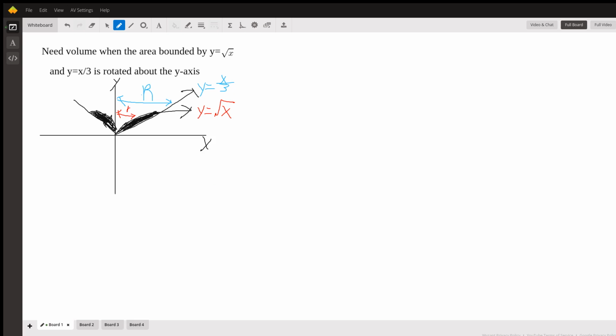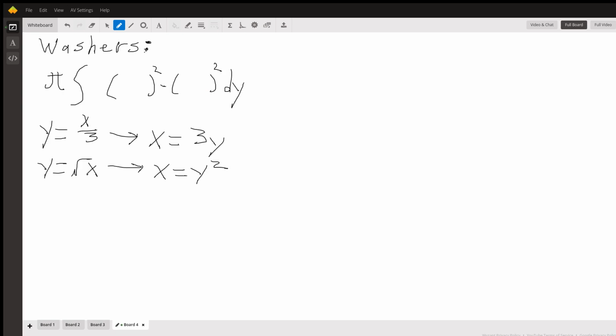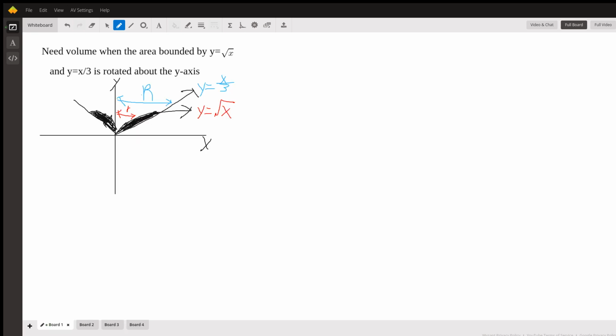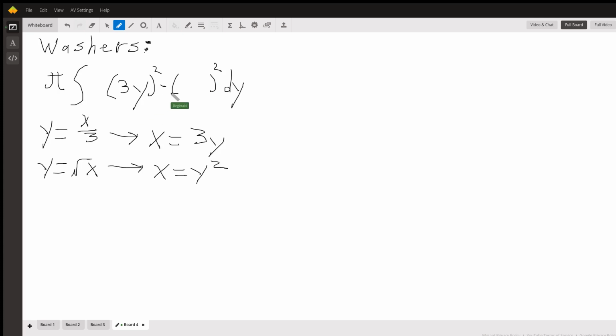Capital R, that's y equals x over 3, so that's the same as x equals 3y. So we get (3y) squared minus, this one must be y squared.